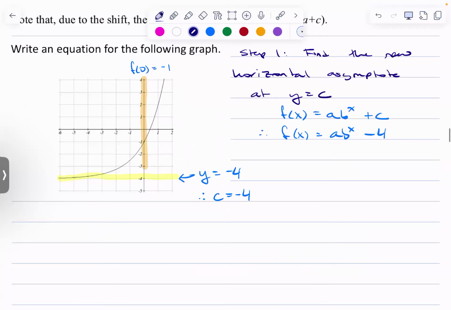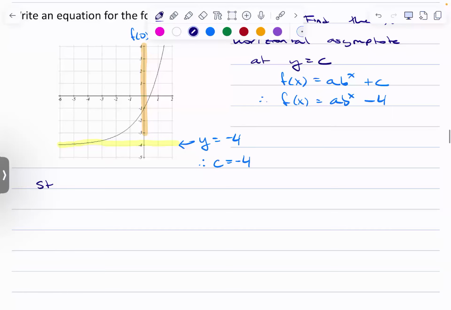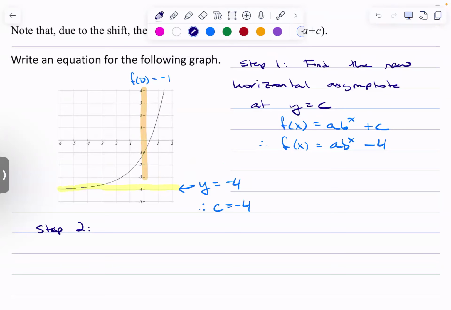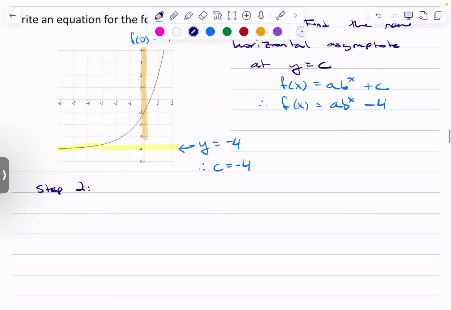So step 2, or at least how I would tackle this, is find the vertical intersection, f of 0. In our case, we see that f of 0 is -1.